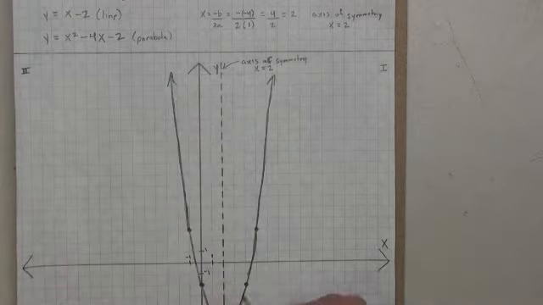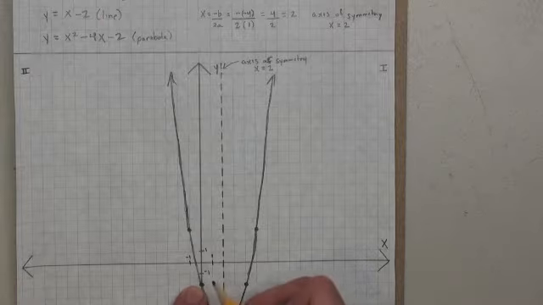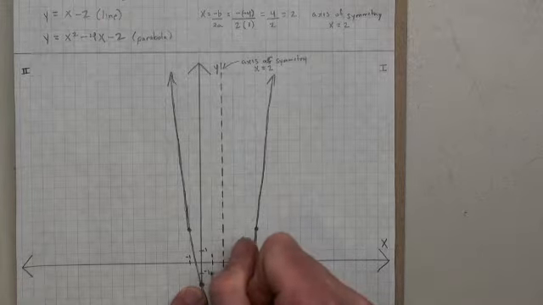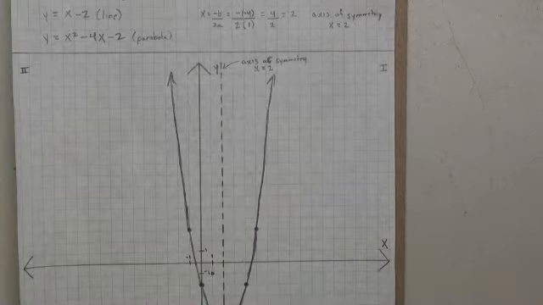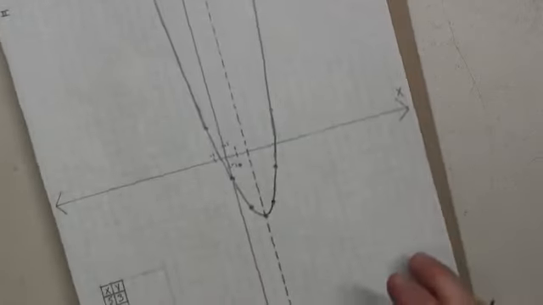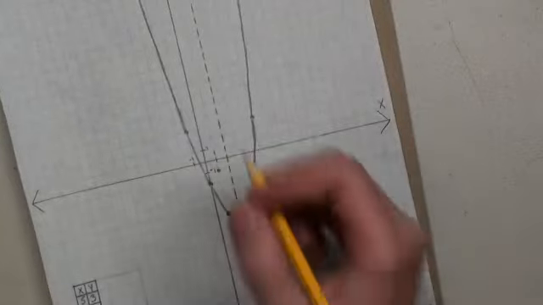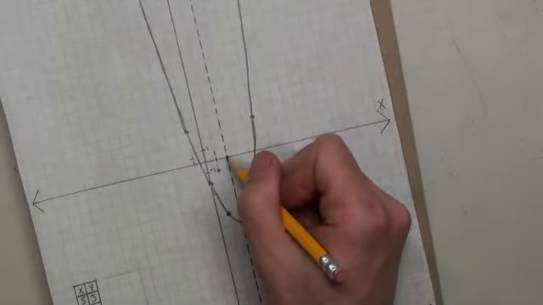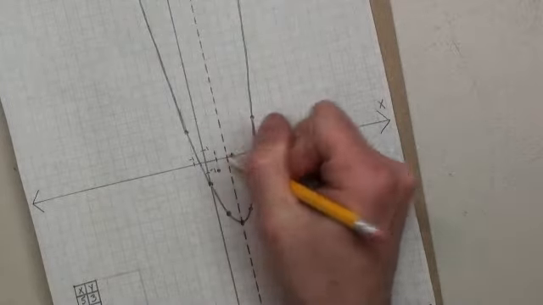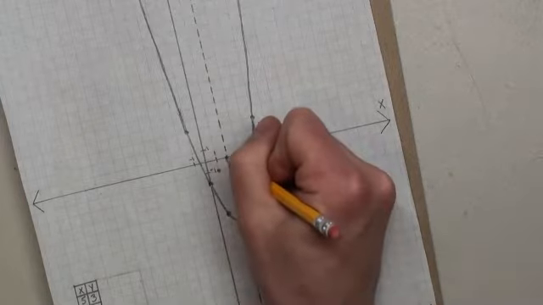So from this point, -2, it's a positive 1 slope. So I go up 1 and over 1. Okay? And all I really need is 2 points to graph a line.